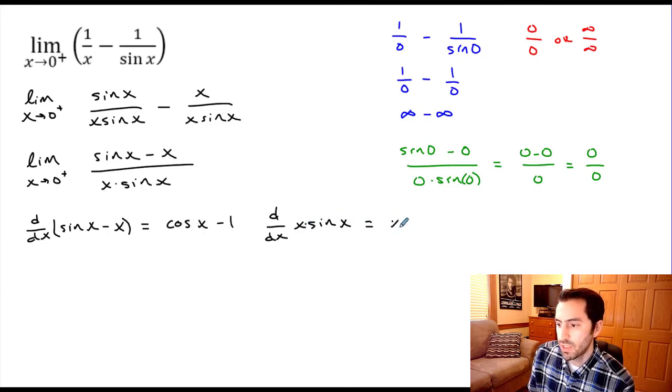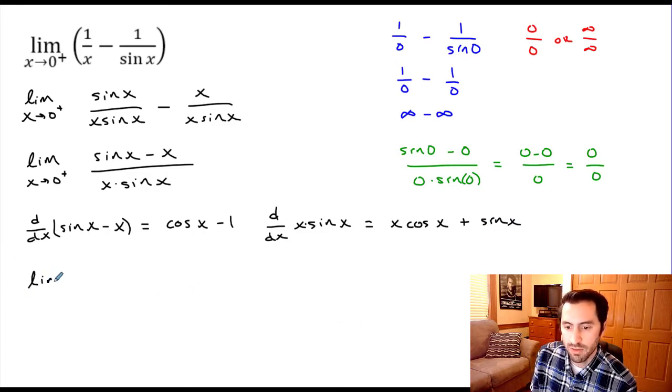So the first times the derivative of the second plus the derivative of the first times the second one. So now rewriting our limit using our derivatives, our new numerator is going to be the cosine of x minus 1, and our new denominator x cosine of x plus the sine of x.